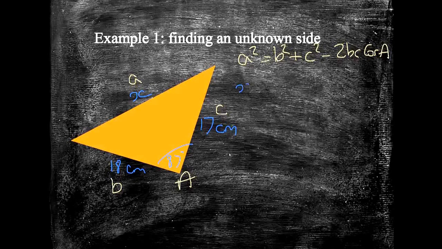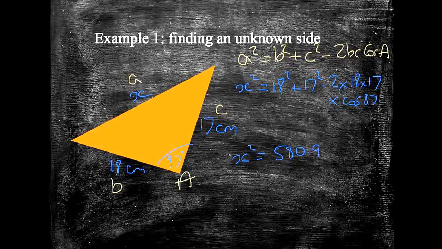So I'm going to say that x squared equals 18 squared plus 17 squared minus 2 times 18 times 17 multiplied by cos 87. I'm going to put all that information in my calculator. So x squared equals, and I type it all in, I get an answer of 580.970, and so on.